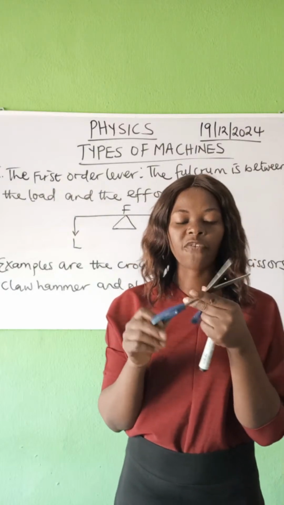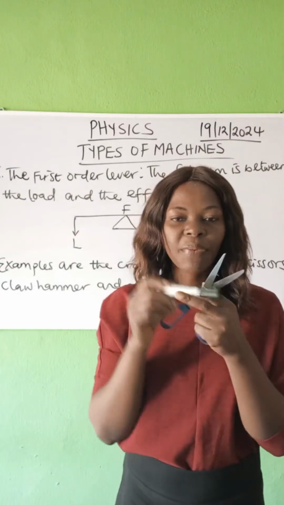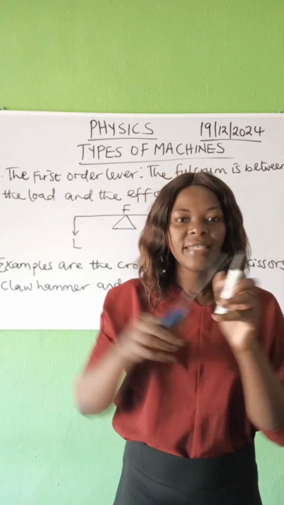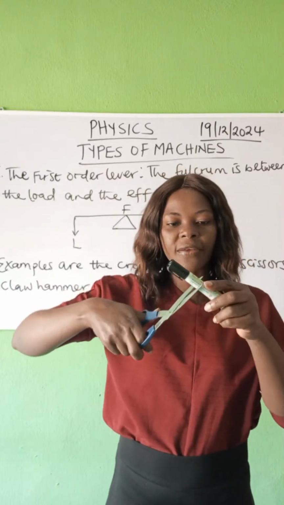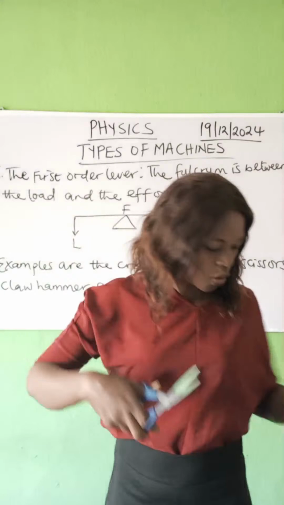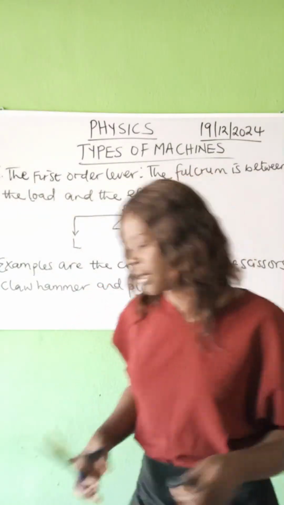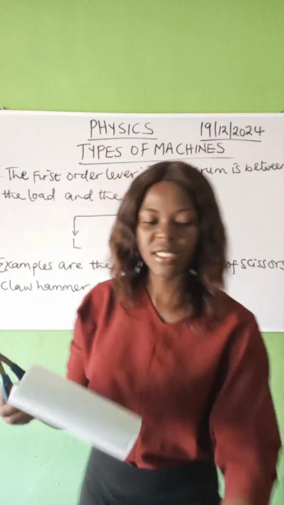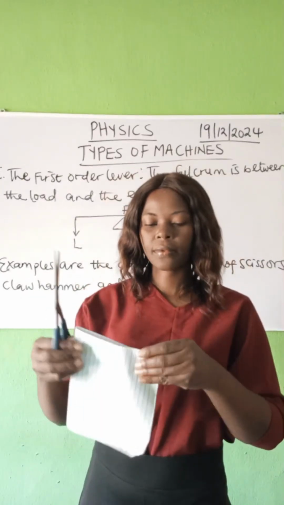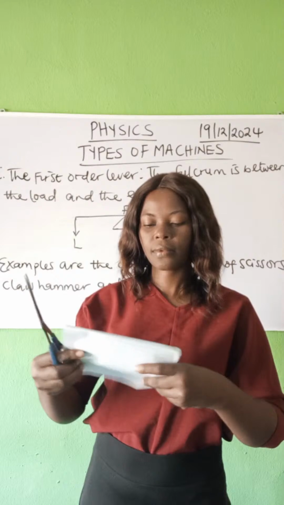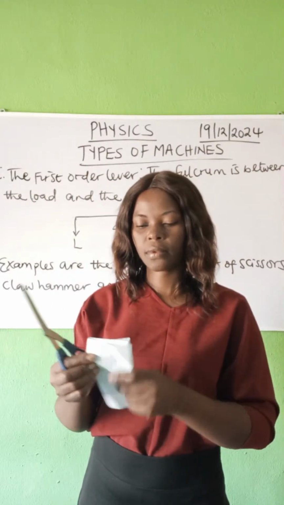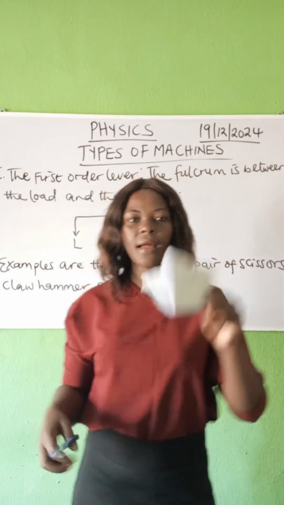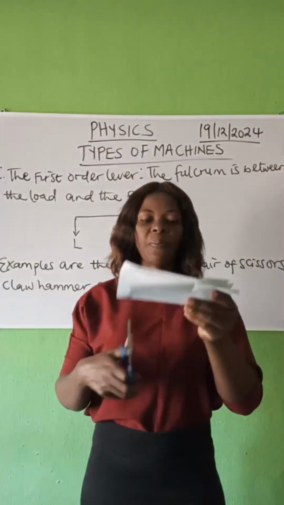Now, see what I mean by fulcrum. For example, I want to cut this marker. I will place it here, okay? Or I can get, okay, I want to cut this paper. Now, I want to cut this paper.